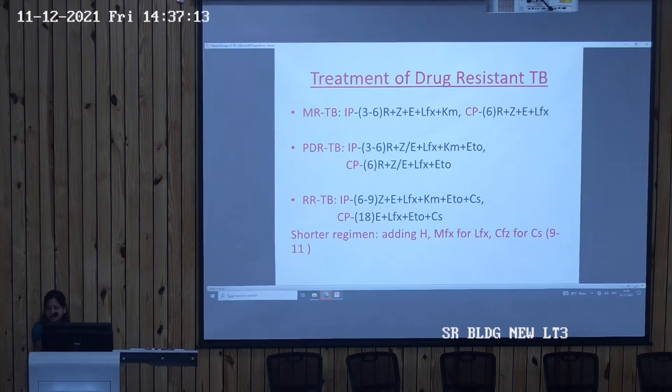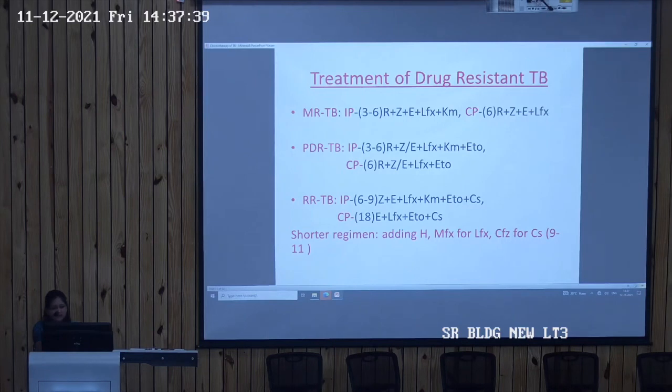The same continuation phase and intensive phase. ठीक है, polydrug resistant and monodrug resistant TB. ठीक है, सेम ड्यूरेशन के लिए देनी है, 3 to 6 months for intensive phase and 6 months for continuation phase. Then rifampicin resistant TB.